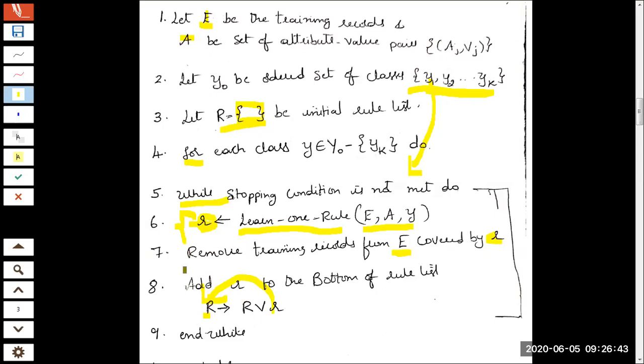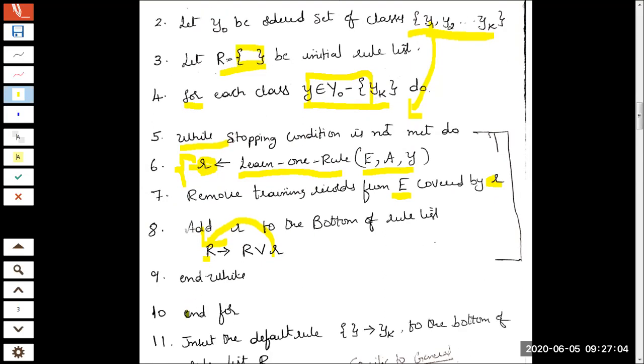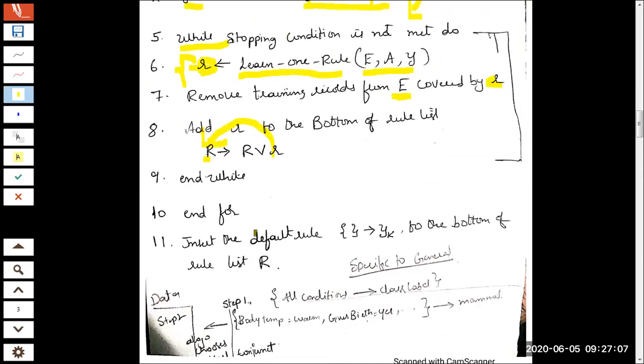Once done with it, the for loop will enter the second iteration. It was a very interesting flow. Ultimately, the for loop will iterate depending on how many classes there are, while the while loop will iterate based on the number of rules that can be explored for a specific class. Once done with it, we insert the last default rule, which you can see in step 11.